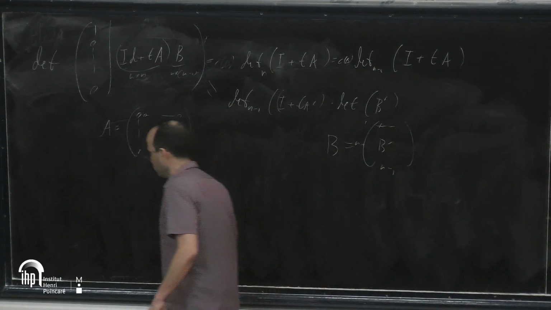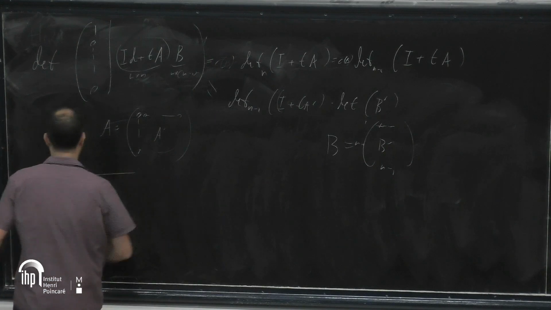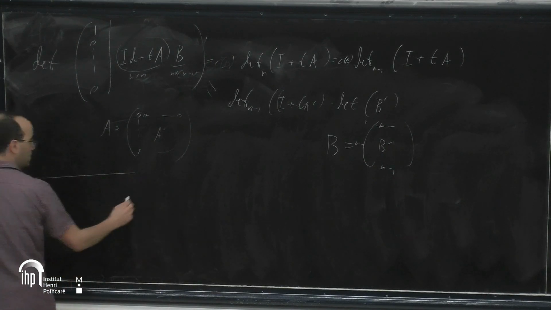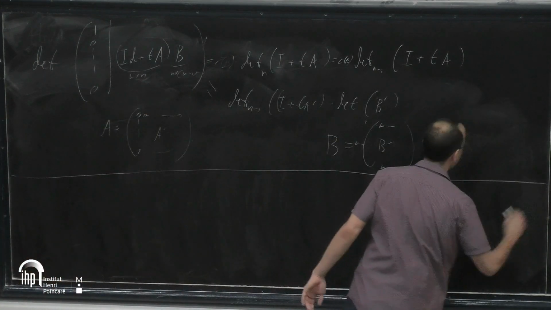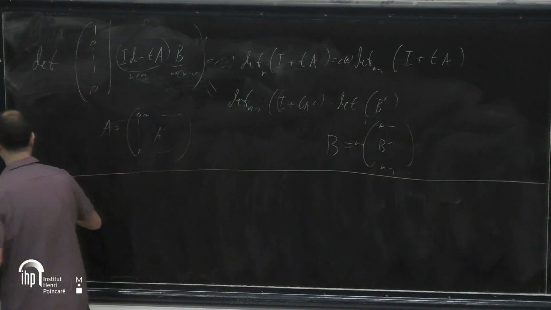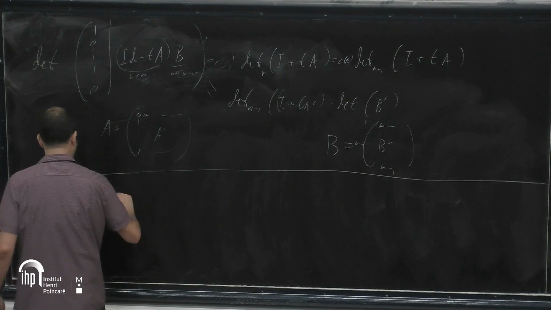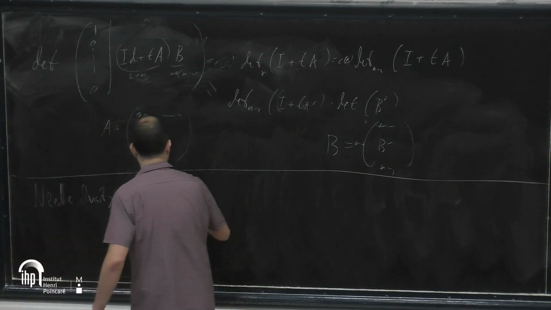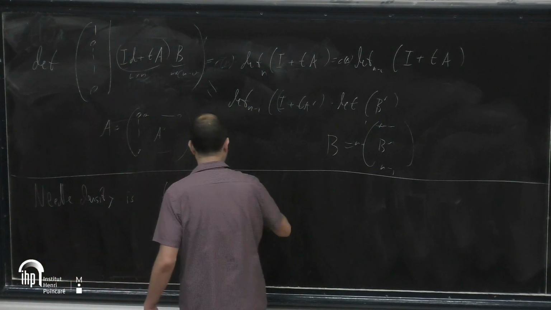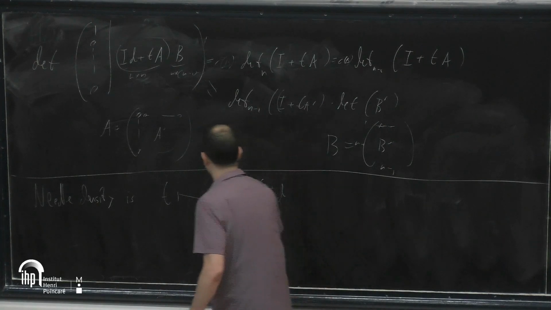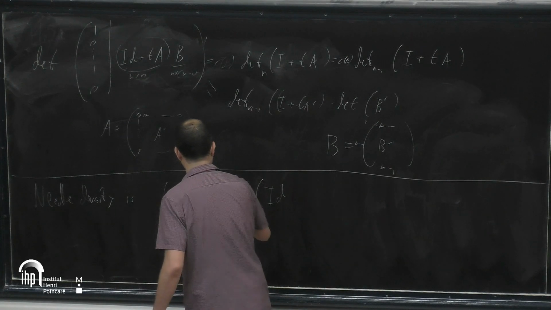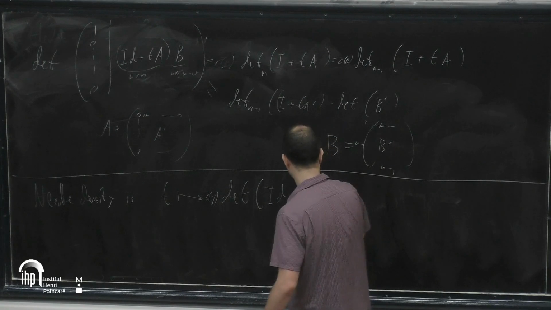Okay, now we have this formula. Let me recall the needle density. On each needle, the density is t to some power times some function of y times this determinant.